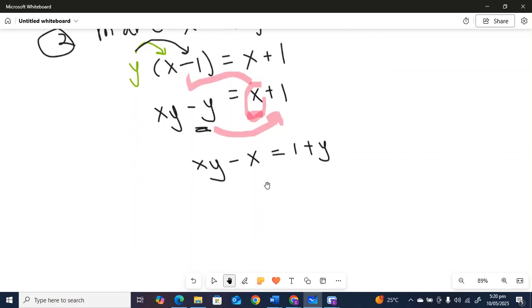Then at this point we've got a common factor, which is x here, so we can factorize. We remove the common factor, put it outside of the brackets. So you're going to say xy divided by x, that is y, minus x divided by x, that is 1.